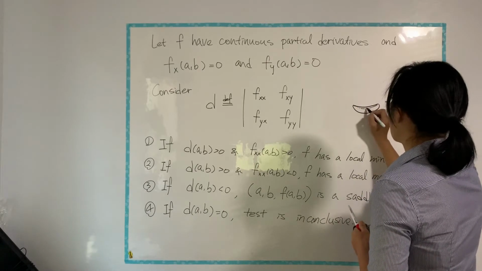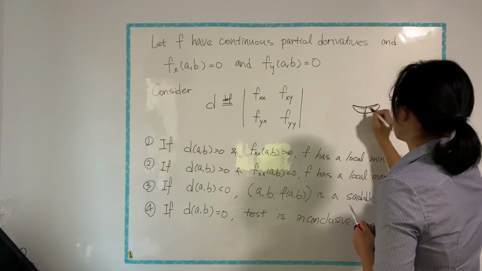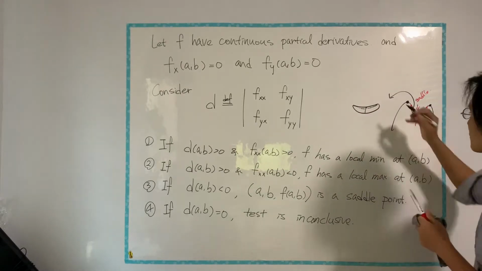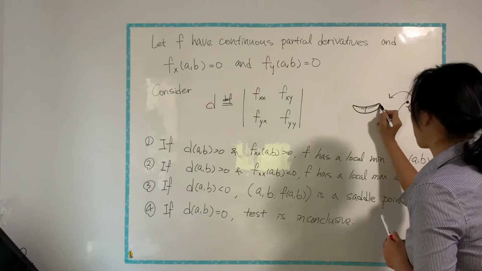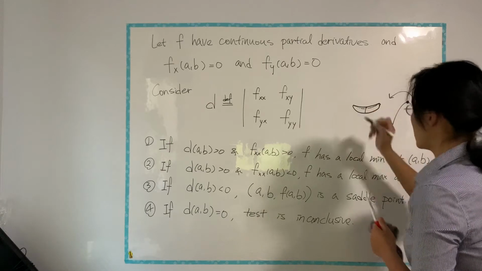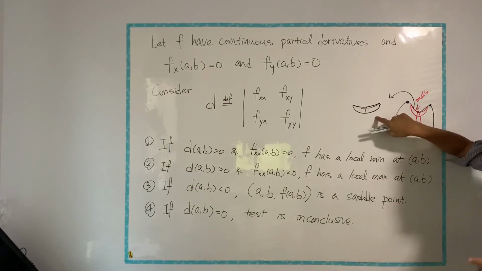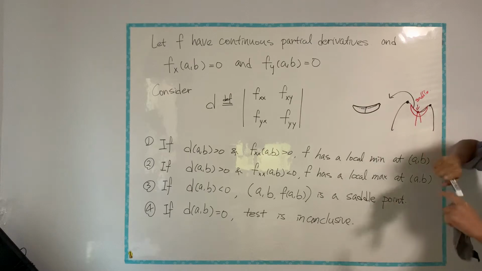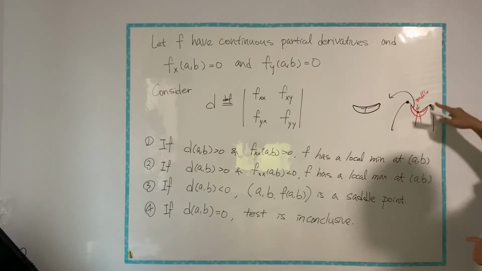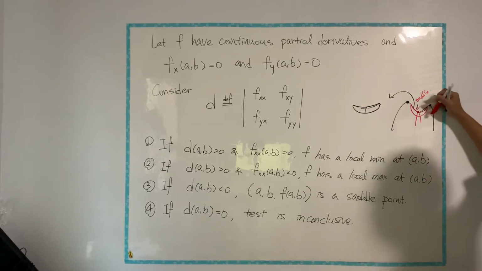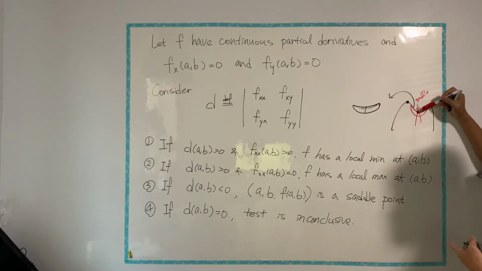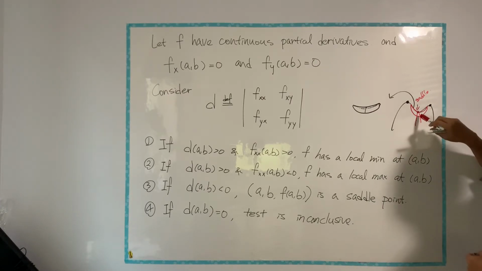If it's a little hard for you to see, go get a can of pickles. You will see each of those chips will look like this. From one direction the point in the middle looks like a minimum point, and from the other direction the point in the middle looks like a maximum point. So that's what a saddle point is.